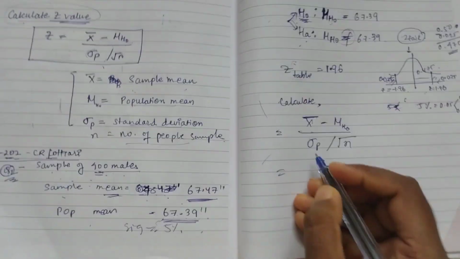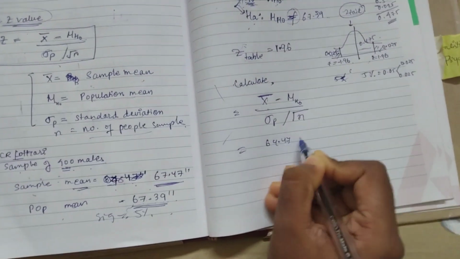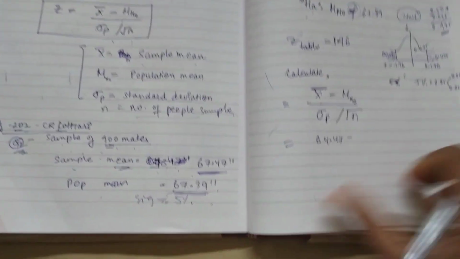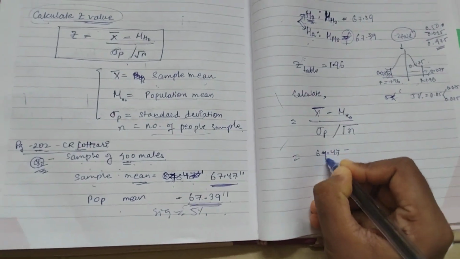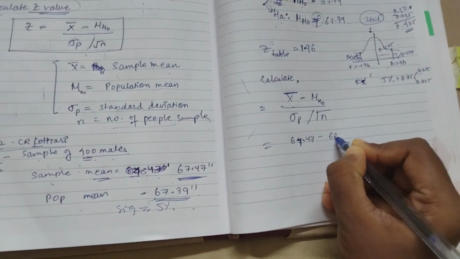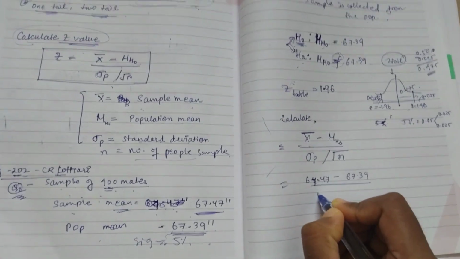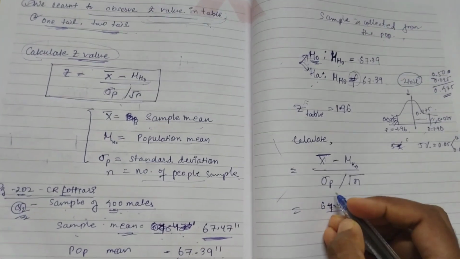We put in the values: 67.47 minus 67.39, divided by the standard deviation.